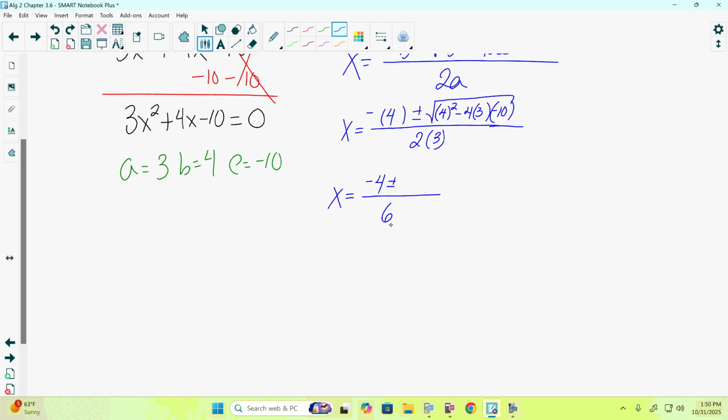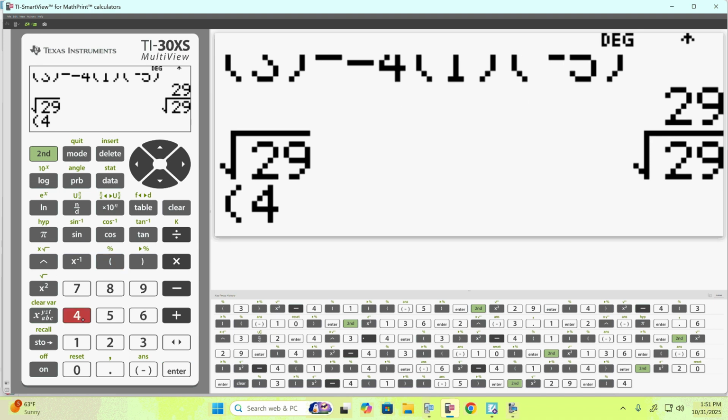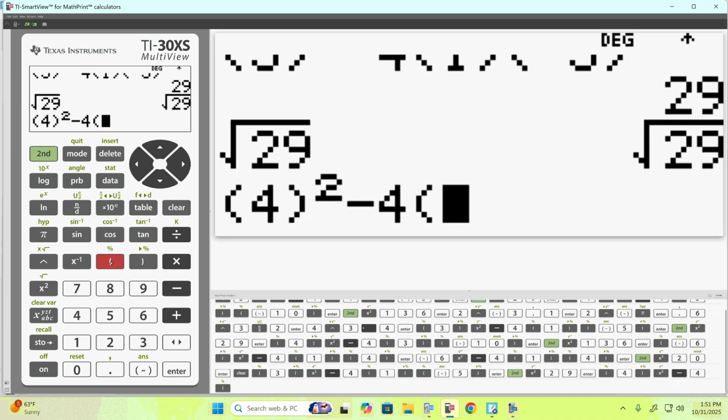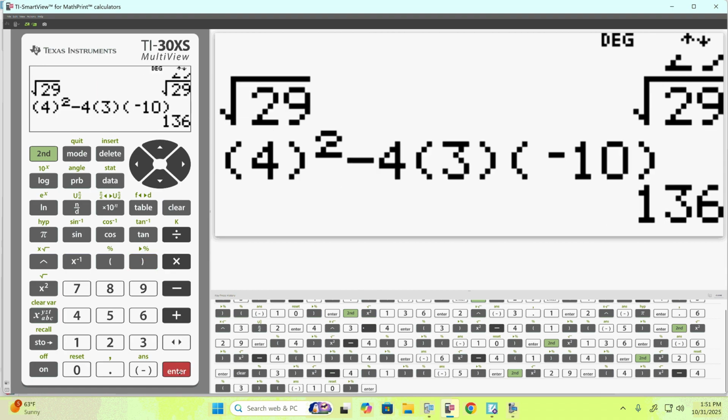Now, the only thing we have left is the 4 squared minus 4 times 3 times negative 10. I just plug it in. I'd grab the calculator and tell it 4 squared minus 4 times 3 times negative 10.